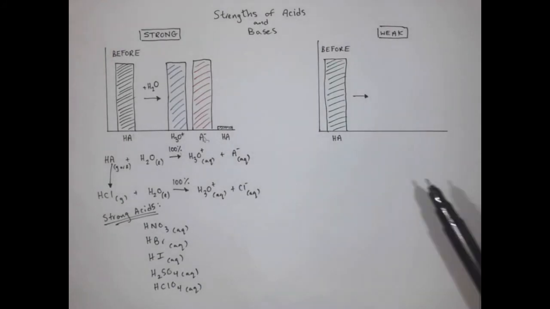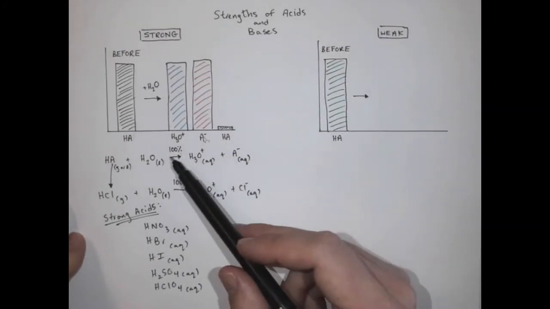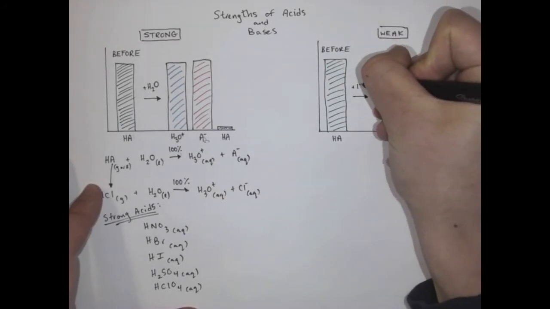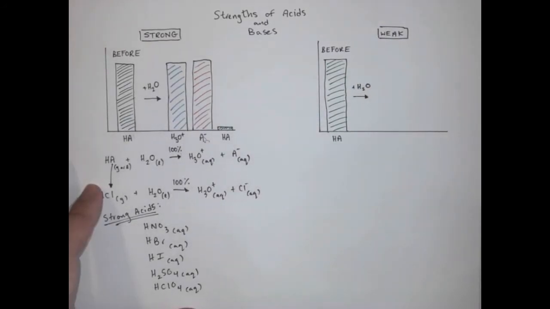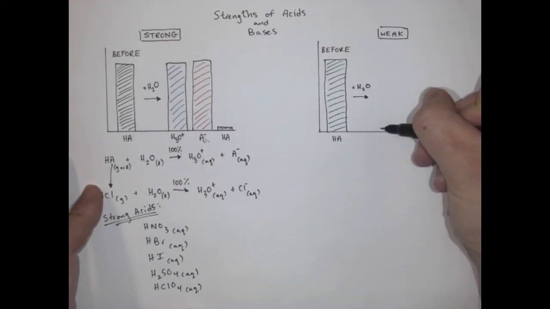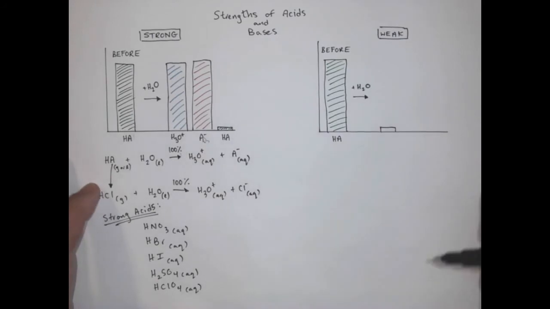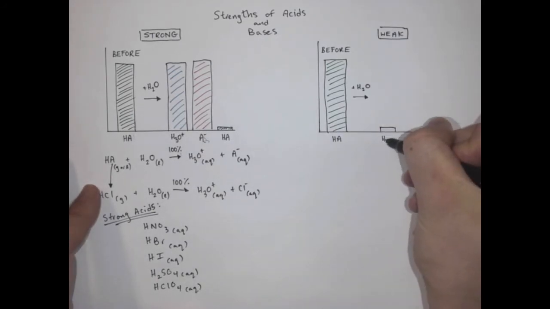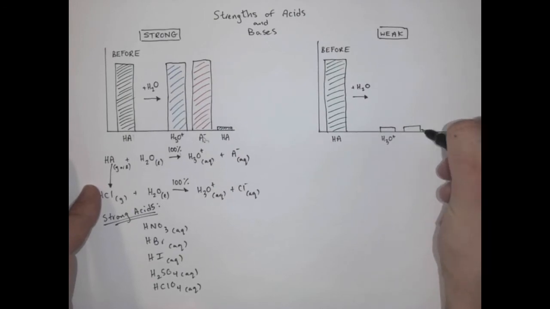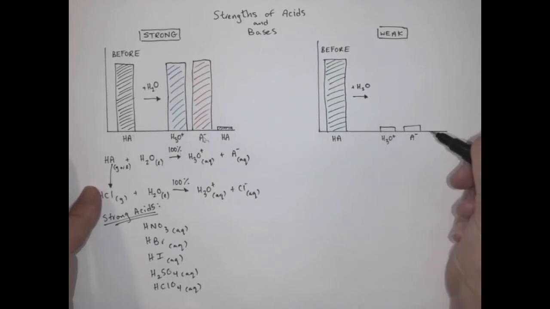So that being said about strong acids, 100% in water, maybe pause the video and think about what a weak acid would be. So a weak acid, when we dissolve it in water, is going to be a little bit different. Instead of a 100% ionization in water, we get something that's maybe closer to 1%.